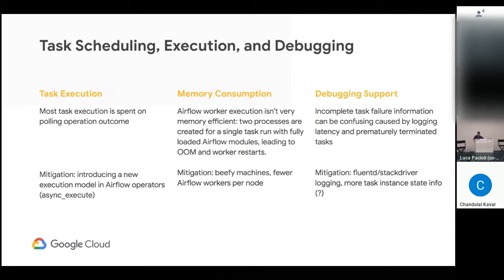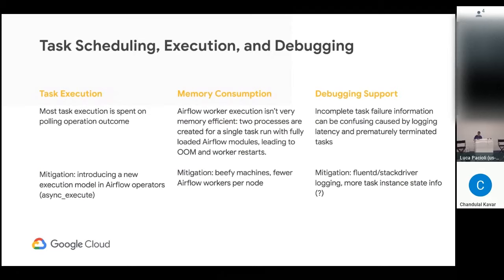The other thing we have noticed is really about memory consumption. This is with respect to the serial executor. Maybe other executors may be different, but for each Airflow task, two processes are spawned. One is running the actual Airflow task. The other one is for babysitting the task. We found that pretty much all Airflow modules are loaded, which creates a lot of memory pressure in the system.